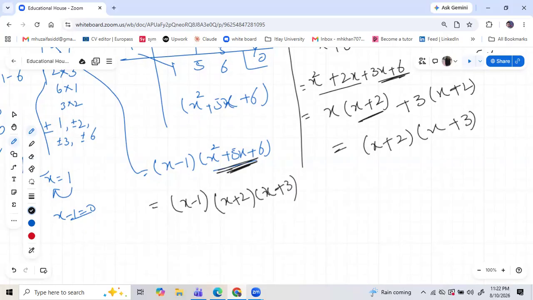These are the roots. So x is equal to 1, x is equal to minus 2, and x is equal to minus 3.